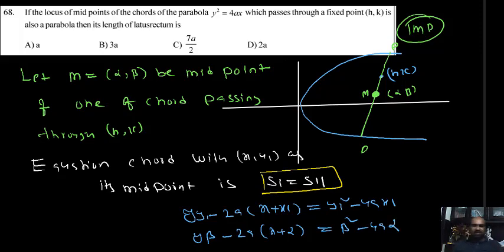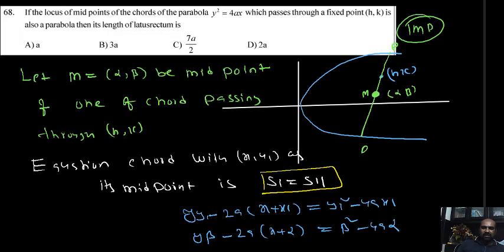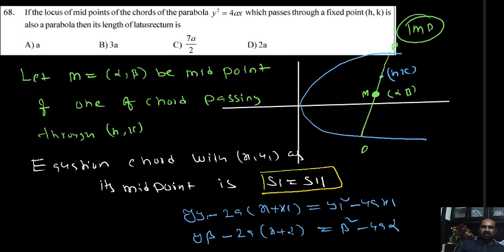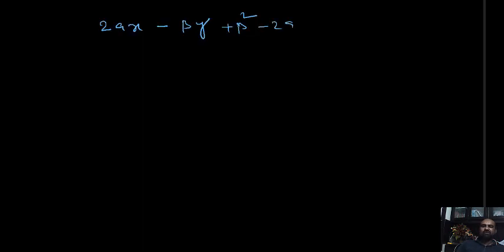Now I want to rewrite it clearly. 2ax minus beta y plus beta squared, here minus 2a alpha; if I transfer that, plus 2a alpha, already minus 4a alpha is there, gives minus 2a alpha, equal to 0.